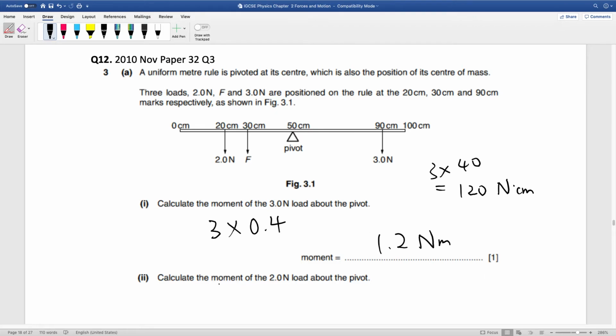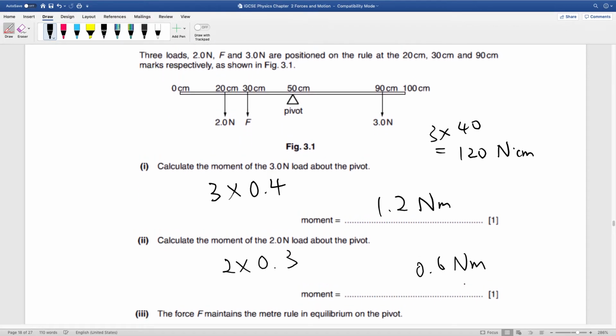For part B, calculate the moment of the 2 Newton load about this pivot. So it's 2 times 0.3, that gives you 0.6 Newton meter. And then the 2 Newton force and the force F here, these two forces give you the moment in what direction?